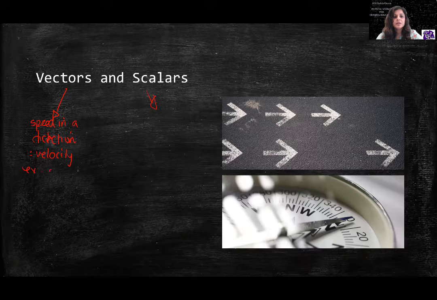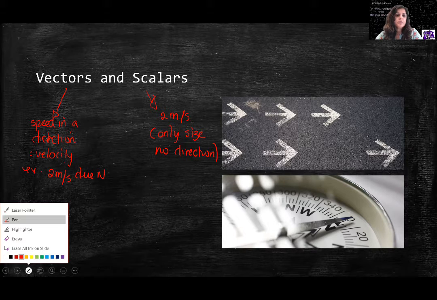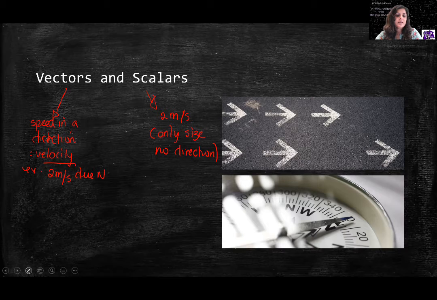Example, 2 meters per second due north. And 2 meters per second is only a size, no direction. All right, so we have velocity, and the scalar equivalent to velocity is the speed. Let me put that in here.